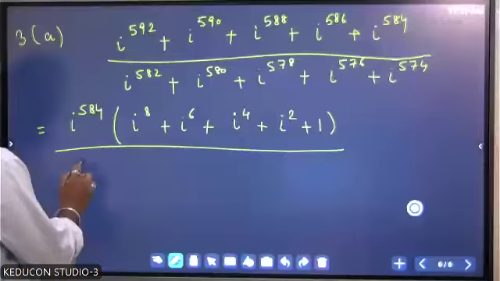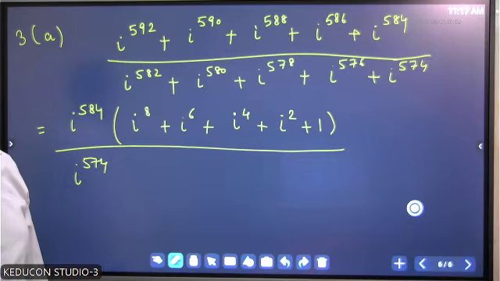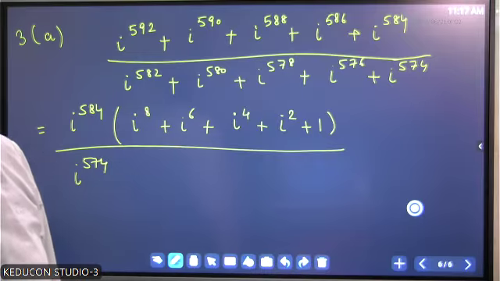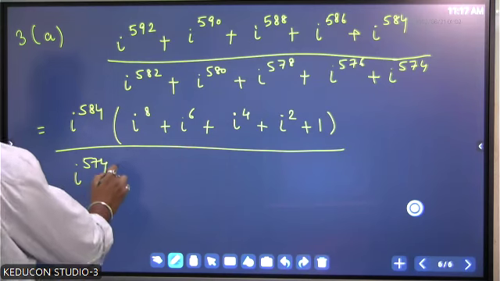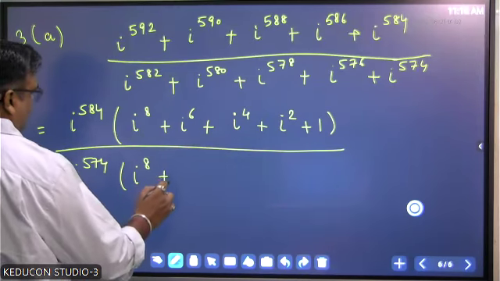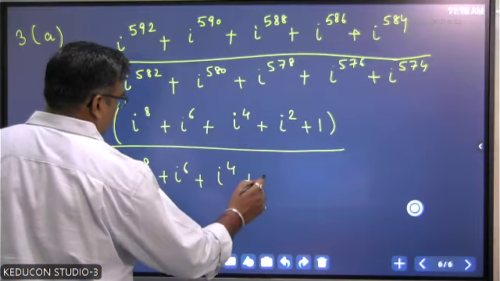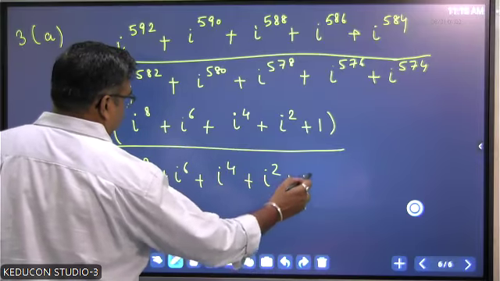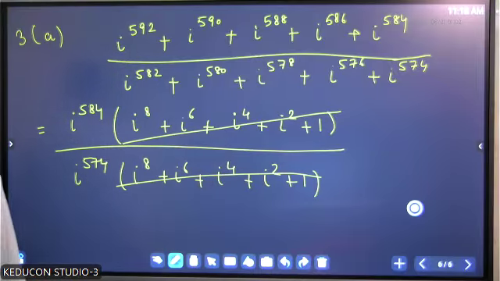Similarly, iota raised to power 574, iota raised to power 8 plus 6 plus 4 plus 2 plus 1. So this bracket and this bracket, the entire thing, will be cancelled out. Both are the same thing, right? No need to solve them, just cancel them.